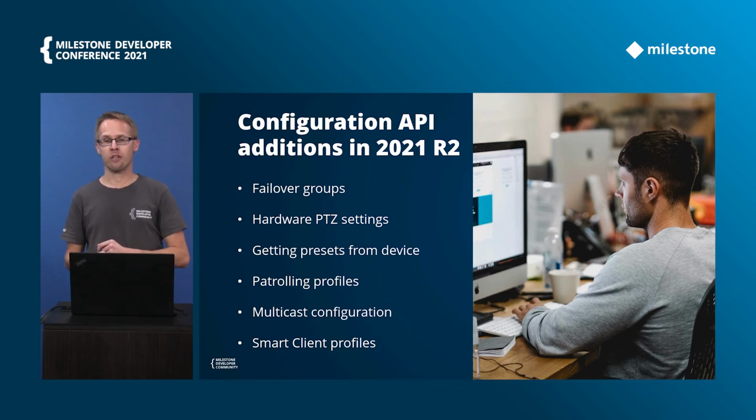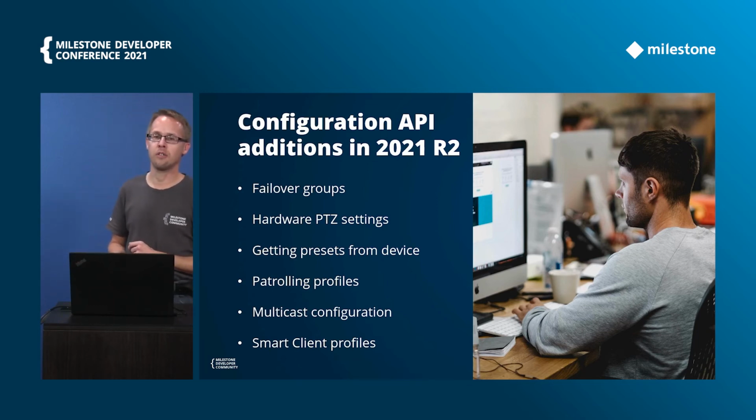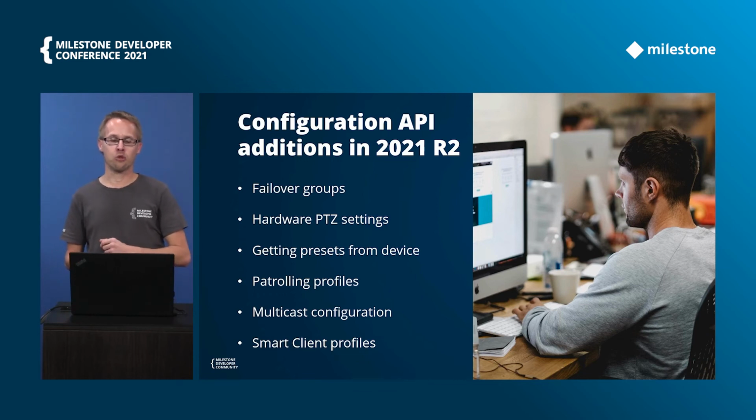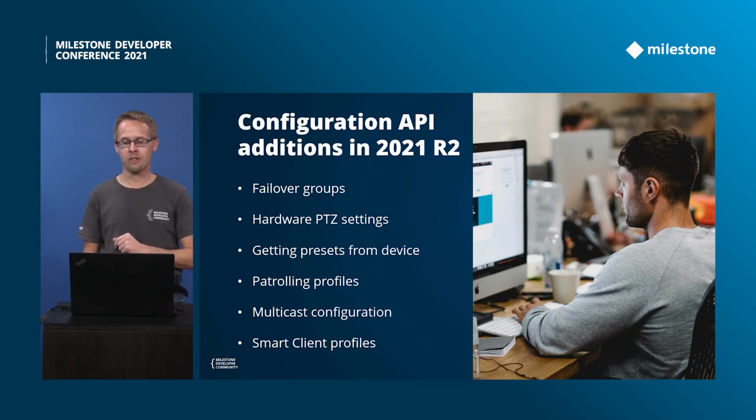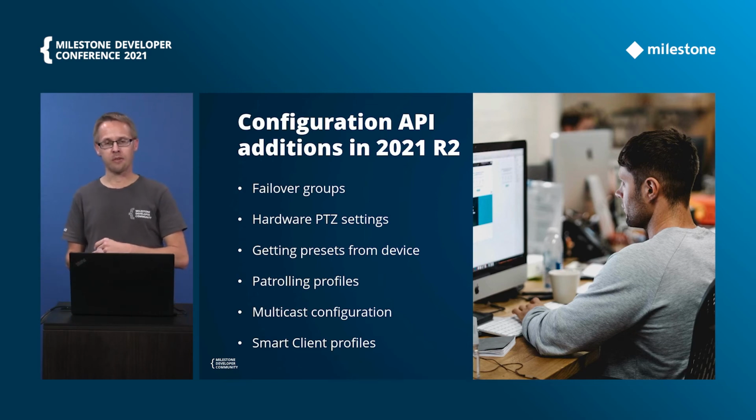Roles have been supported for quite some time in Configuration API, but now you can of course also configure which Smart Client profile is the current one for this role. So a lot has happened on the Configuration API. And as I mentioned initially, we believe that we are more or less at the point where we have implemented all the features that have been requested from the community over the years.